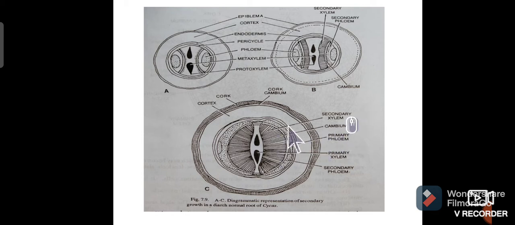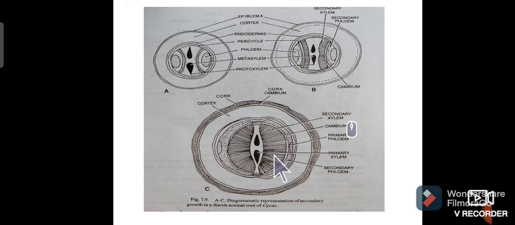These cells start functioning as a cambium, and these are the cambium strips. These cambium strips usually look crescent shaped, just like a curve, like a little sliver of the moon.